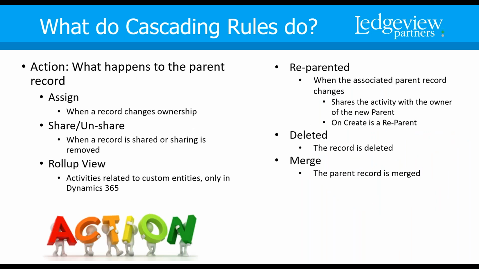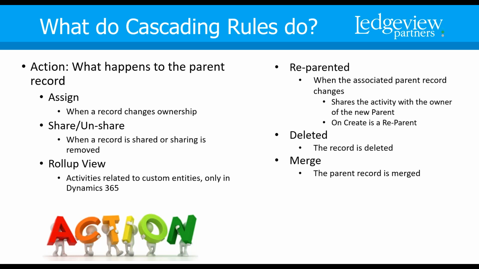So what are the rules? Okay. The action, so what do the cascading rules do? The action is what happens to the parent record. So if we have an area where it says, okay, on assign, we're going to say assign this.